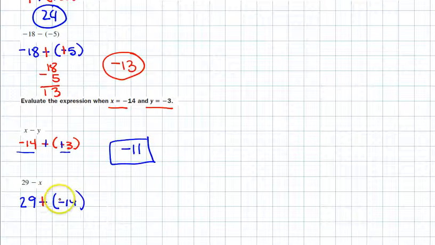I'm going to add the opposite of negative 14, which is positive 14. 29 plus 14 is 43. And so my answer is positive because they were both positive. And that's how to subtract integers.